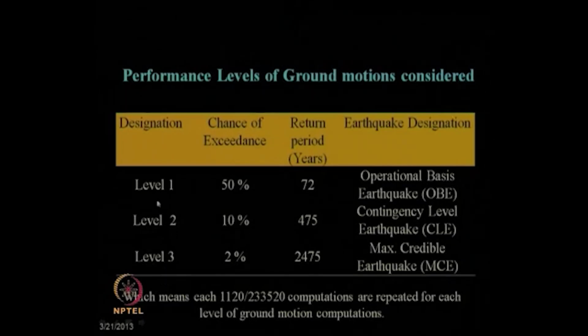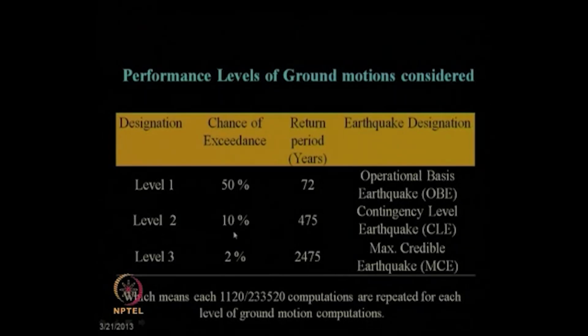Level 1 means the probability of accidents is 50% in a 50 year period, at least once. So, how much return period will come if we calculate using Poisson's distribution, which we have already done? It comes out to be 72 years. For the other two we have already done the calculation.